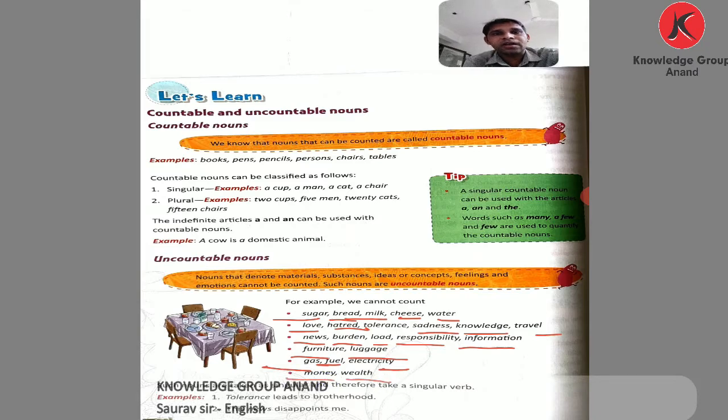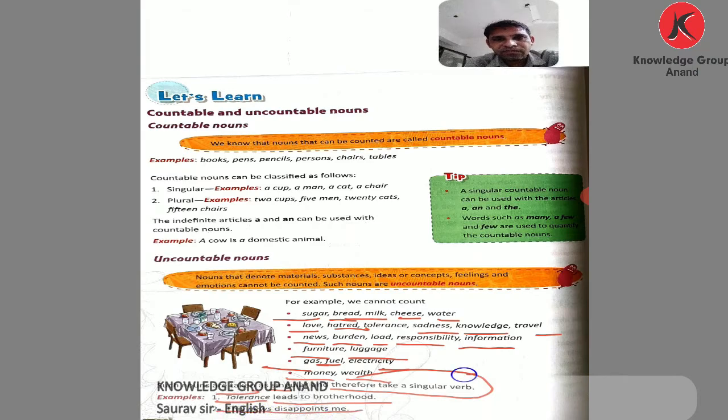We cannot count them. So such nouns are taken as singular and therefore take a singular verb. For example, tolerance leads to brotherhood. This news disappoints me.